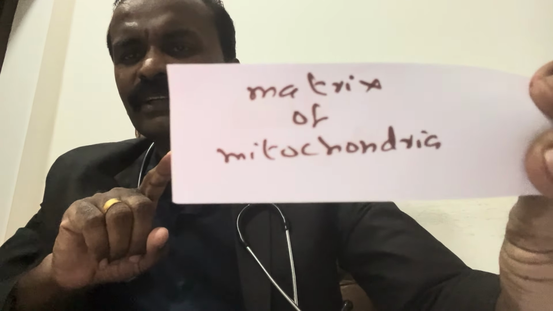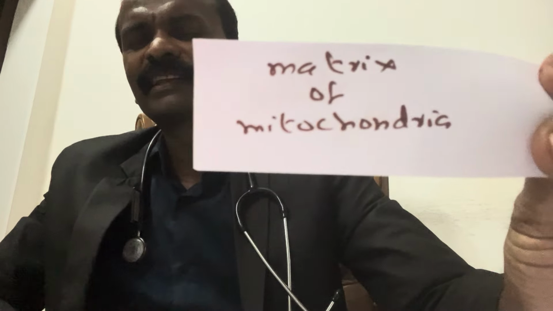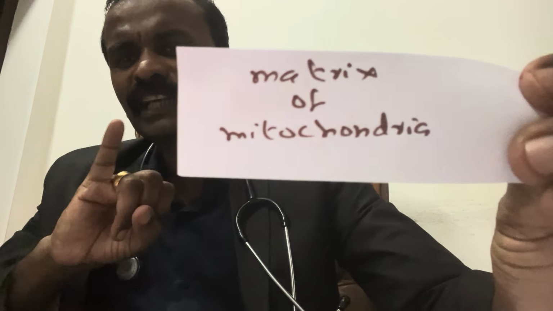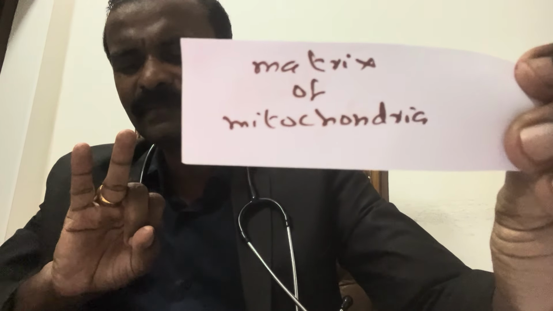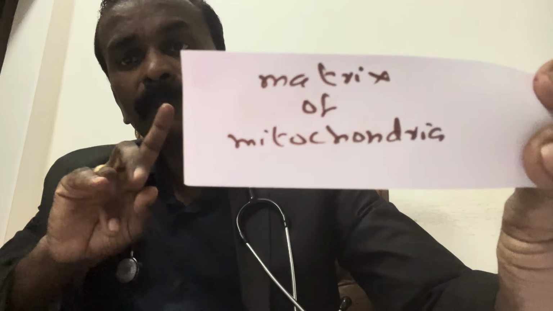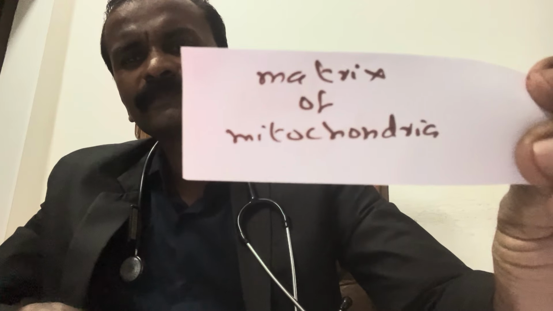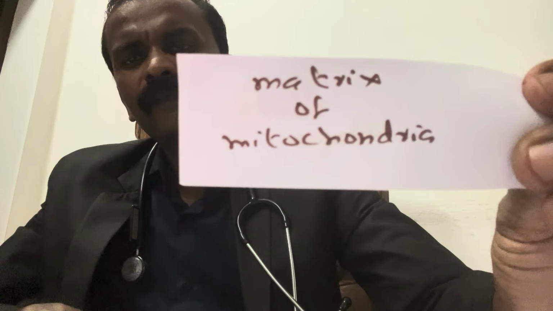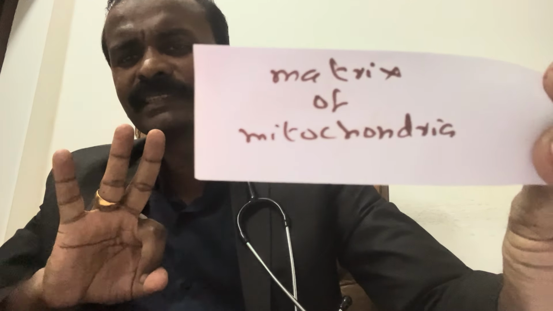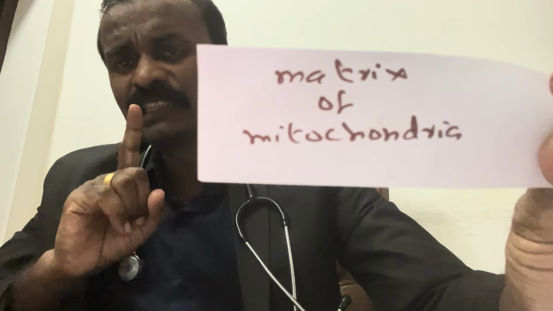Matrix is the keyword. Matrix of mitochondria, what is the question? First cytoplasm we discussed. Next mitochondria we discussed. Now matrix of mitochondria. Same words they have given in the textbook. What is the question? If you know these three questions, you can answer the toughest. Match the following.